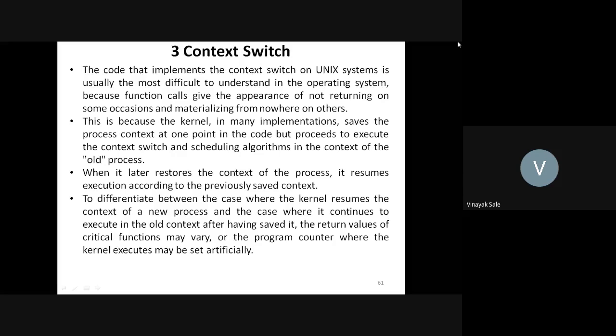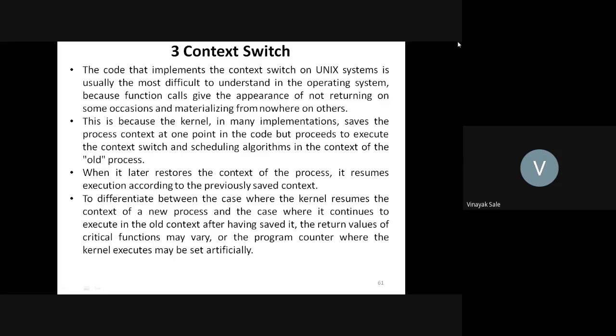This is because the kernel in many implementations saves the process context at one time in the code but proceeds to execute the context switch and scheduling algorithms in the context of the old process. When it later restores the context of the process, it resumes the execution according to the previously saved context.